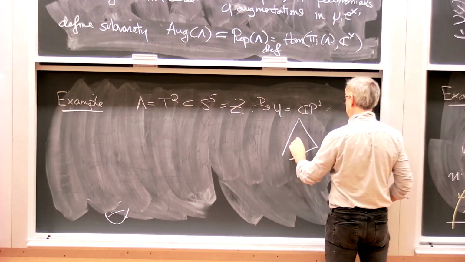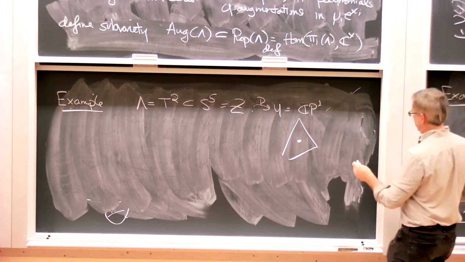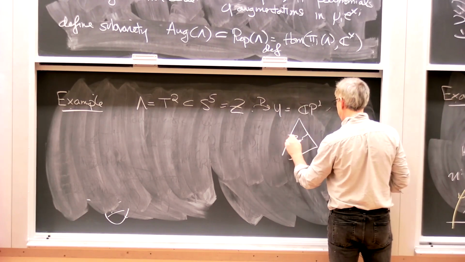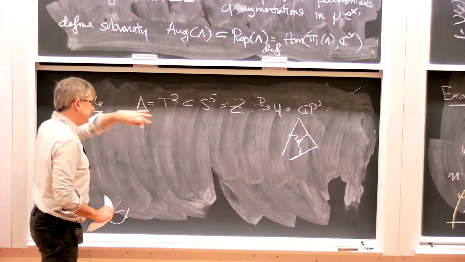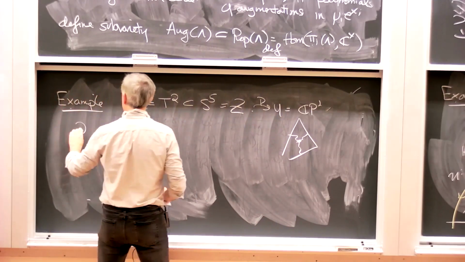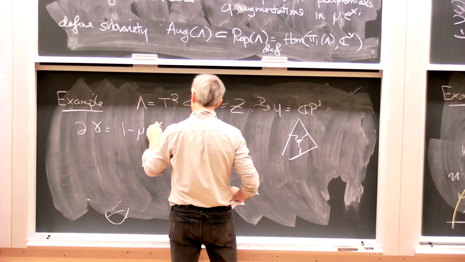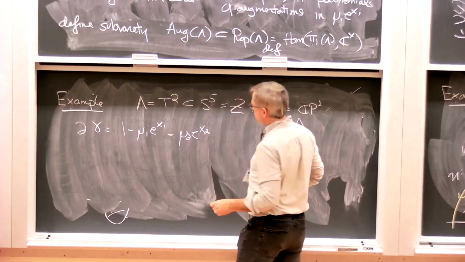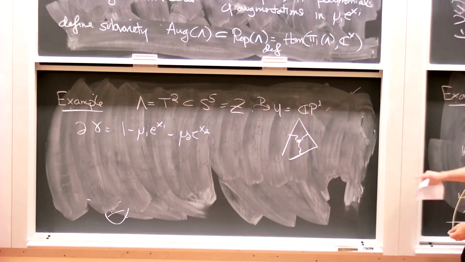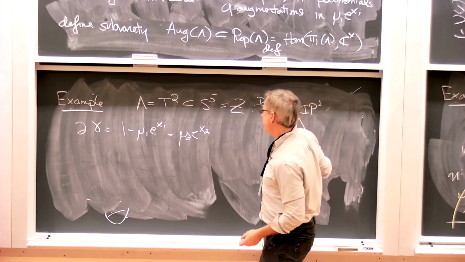So I think of my Legendrian as living over the center of the moment polytope, and then there are these 3 disks. And these lift to curves in the symplectization of Z, and you get this formula that the boundary of this has 3 terms given by these three disks.